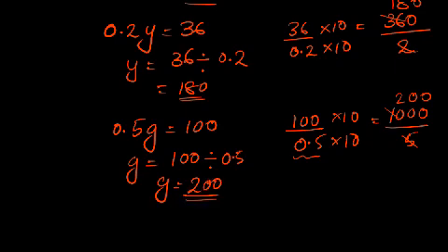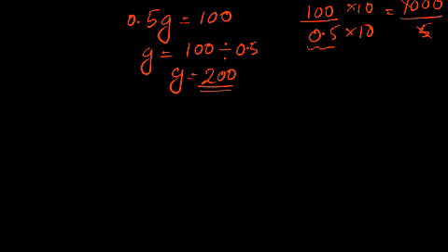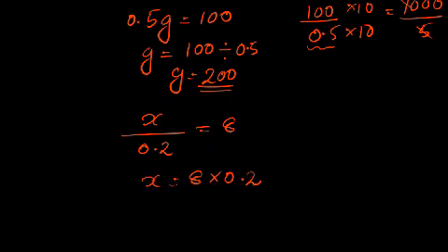Okay. There is only one more case, when the operation on the left hand side is division. For example, x divided by 0.2 is equal to 8. So here the operation on the left hand side is division. So x is equal to 8 times 0.2.